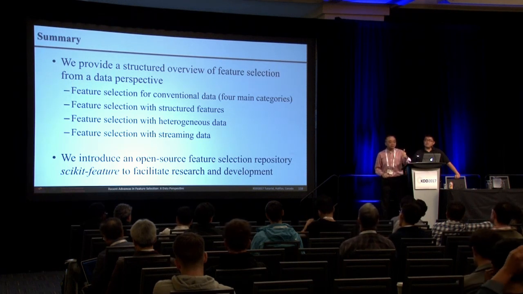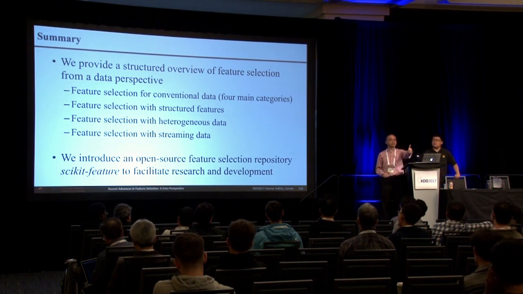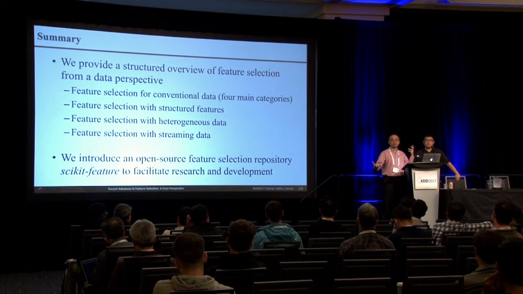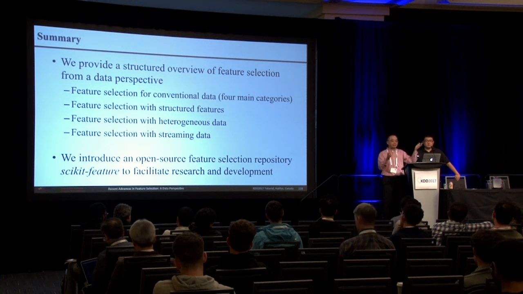Number one, feature selection is useful. It works, okay? Right? It works. Number two, where can you find feature selection algorithms? Scikit-feature, okay? If you find the scikit-feature, you will find the tutorial and the slides and everything, okay?